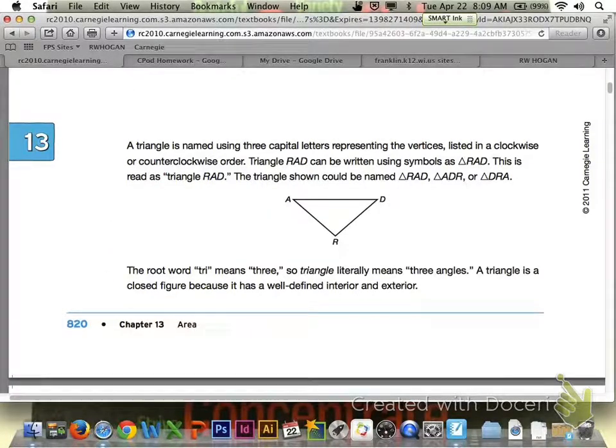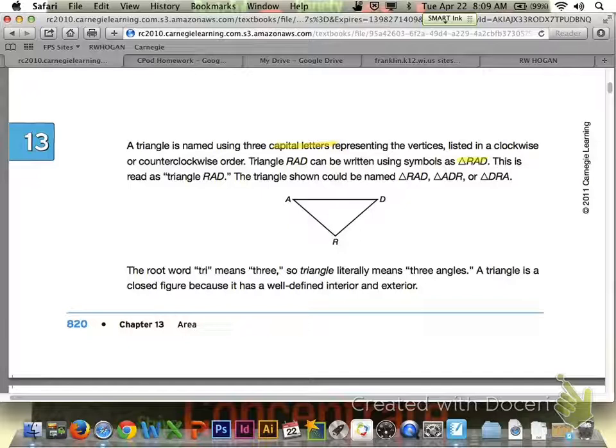Down at the bottom of 820, a triangle is named using 3 capital letters. Very important that you understand it's capital letters representing the vertices listed in a clockwise or counterclockwise order. Triangle RAD can be written using symbols such as a little small triangle in front of it and then the 3 letters RAD.